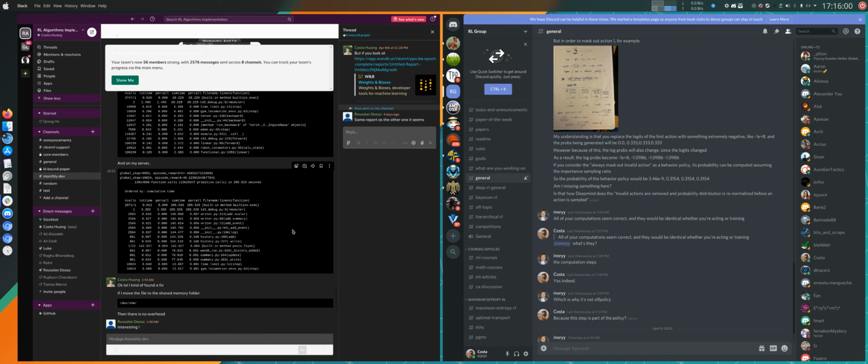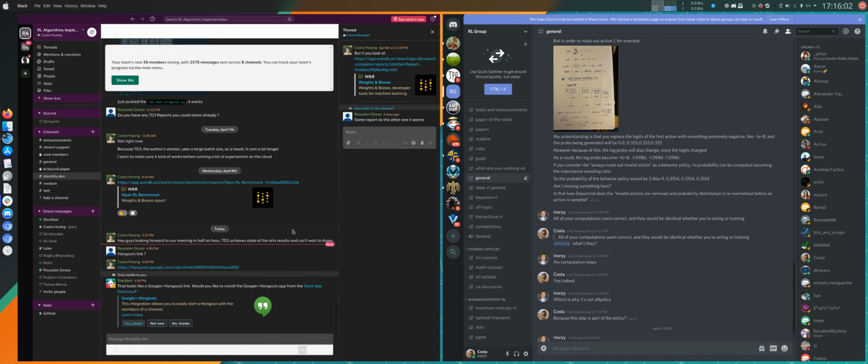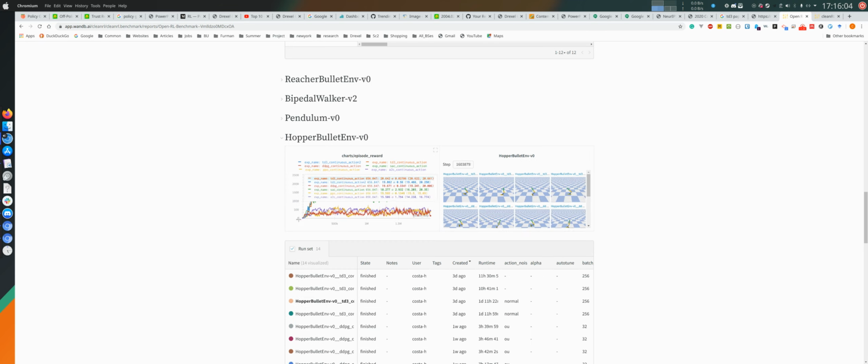Okay, I couldn't find it. But for example, for Hopper, my initial implementation of TD3 will reach about 100 or so for its episode reward, and it's very volatile. Sometimes it goes to 2,000, sometimes it goes to 0.